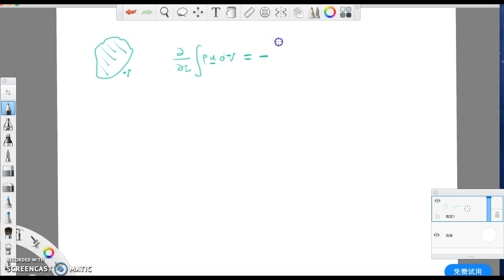That's the integral of u, rho u dot dS. So this is the flux of momentum flowing with the fluid into the volume.